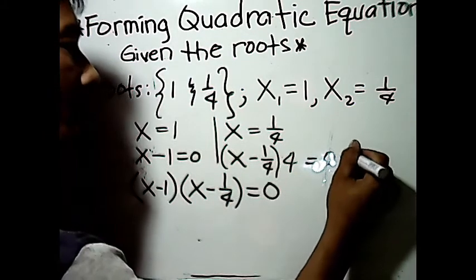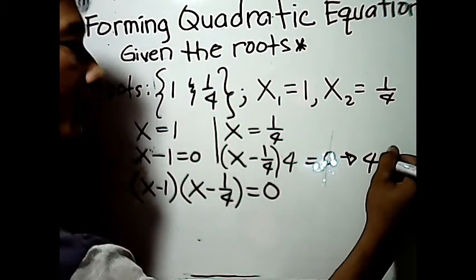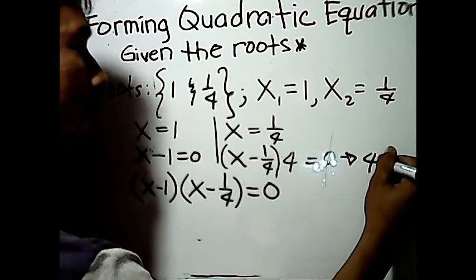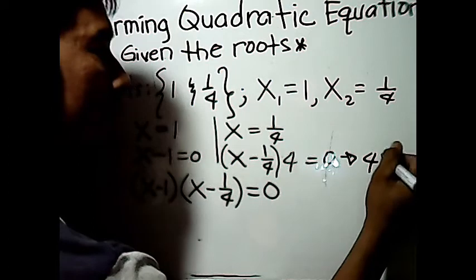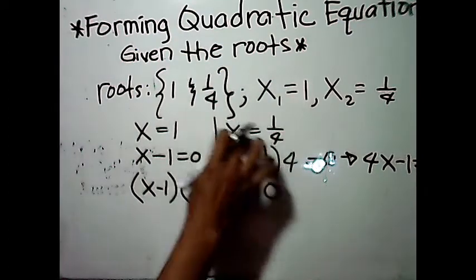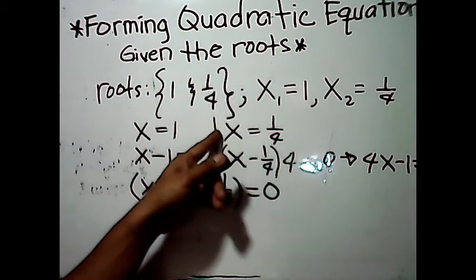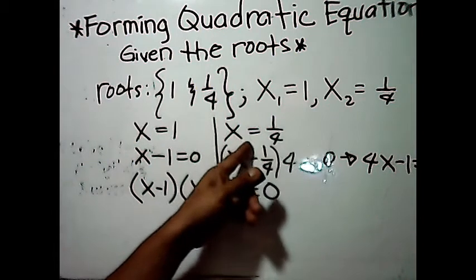So this will become 4x minus 1, or 4x minus 1 equals 0. Or in this part, you can also multiply first by 4 and then subtract 1 here.